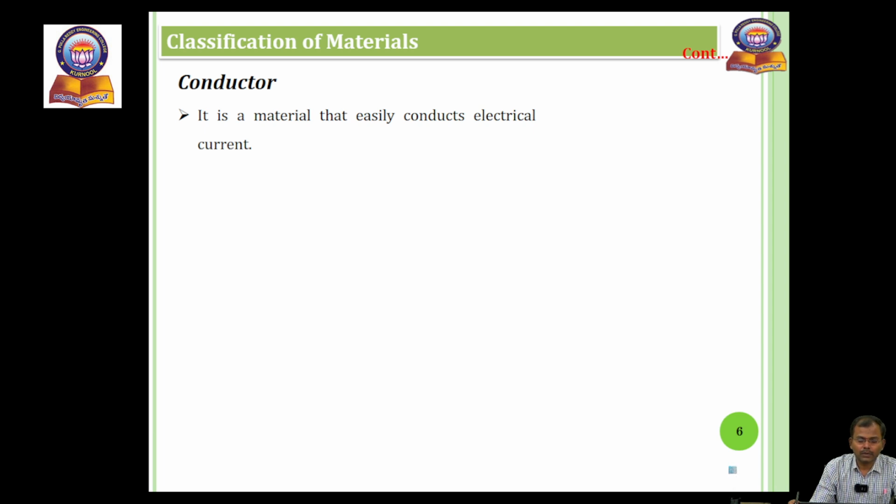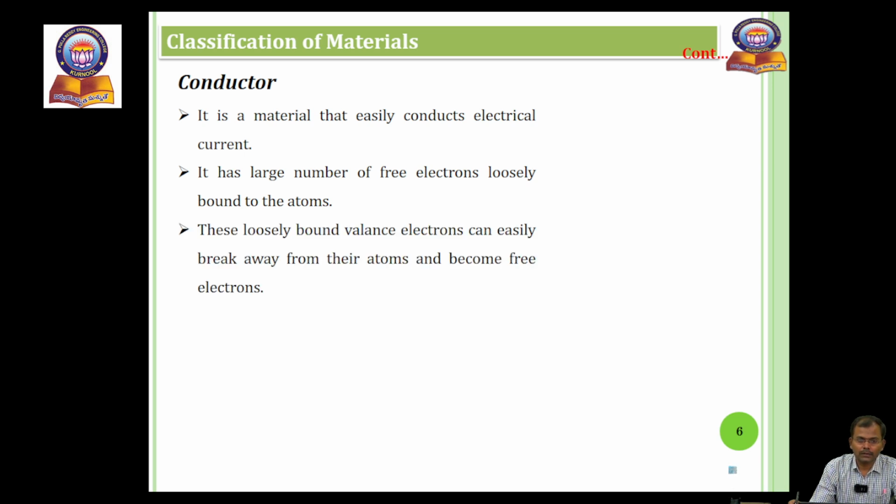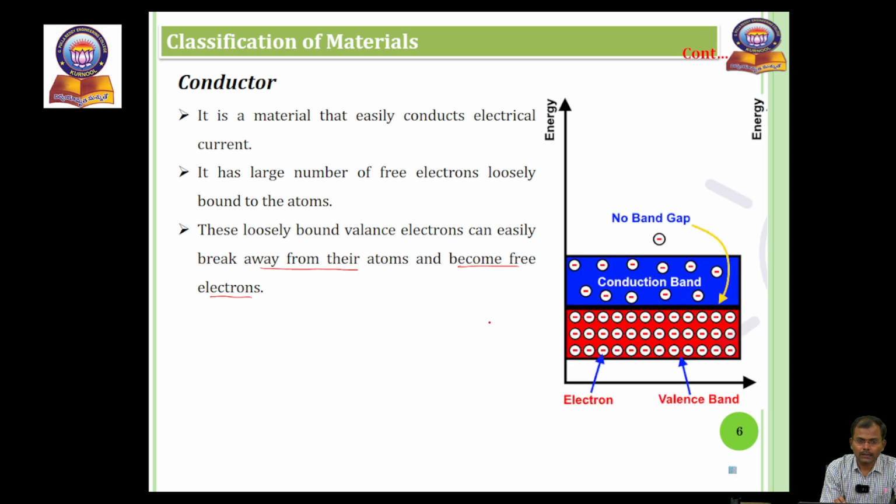It contains a large number of free electrons which are loosely bound to the atoms or the nucleus. These loosely bound valence electrons can easily break away from their atoms, become free, and carry the electricity.